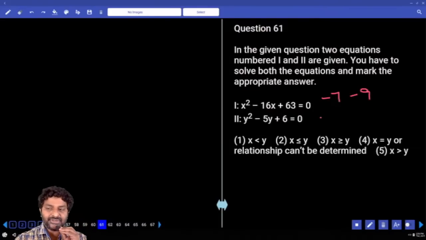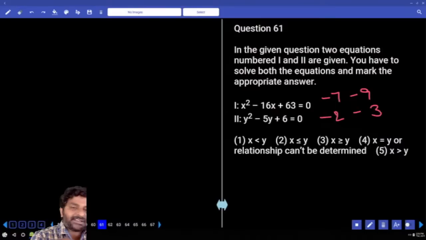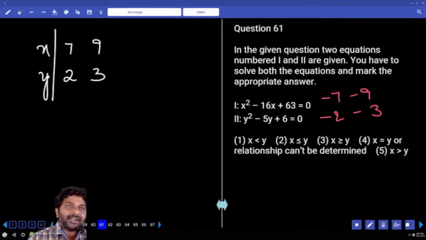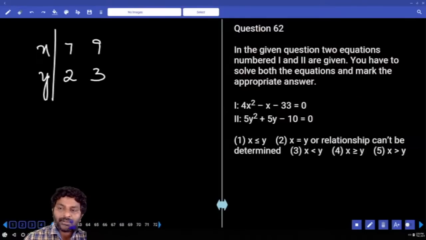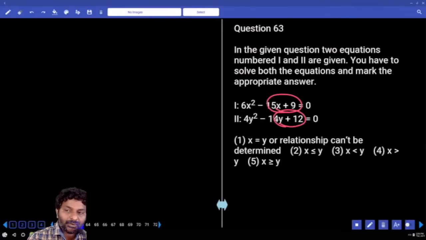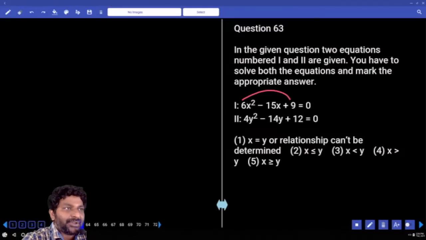Next combination, minus 2 minus 3. Factors are 7 comma 9, 2 comma 3. X is greater than y. Check values, both cases they are negative. Answer no relation. This itself is the combination.